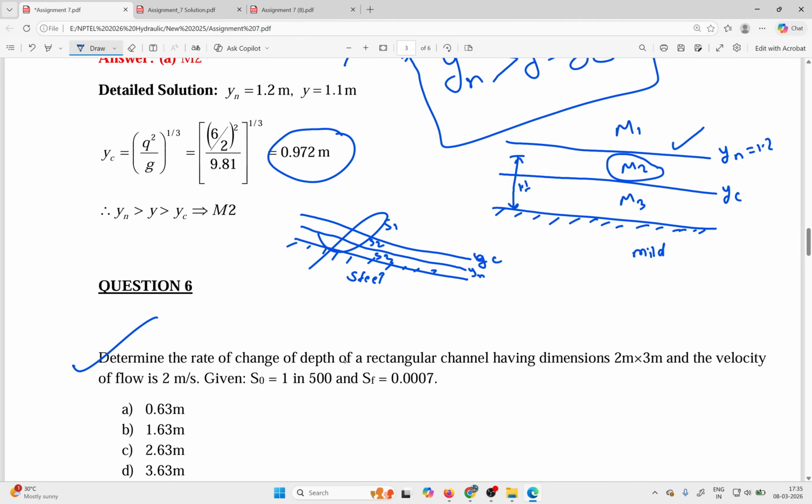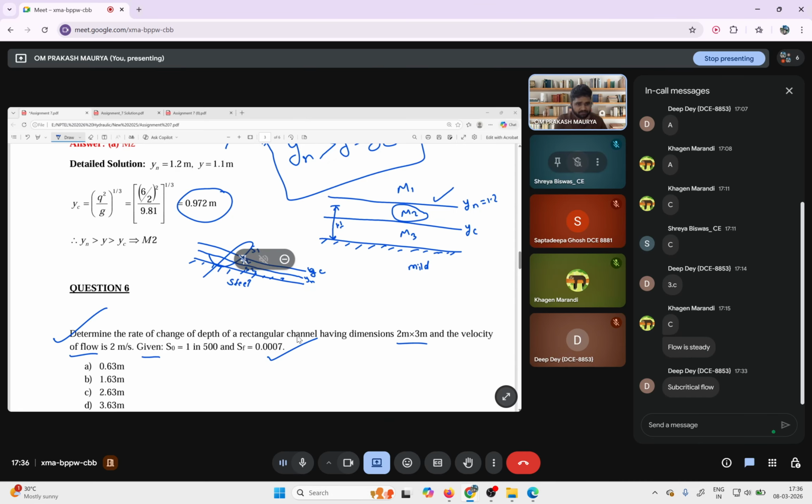Determine the rate of change of depth of a rectangular channel having dimension 2 meter into 3 meter, and the velocity of flow is 2 meter per second, given S naught is equal to 1 in 500, Sf is equal to 0.0007. So now you need to calculate the rate of change of depth of the rectangular channel. So please everyone try to calculate.